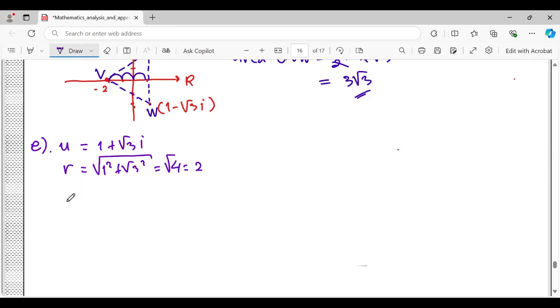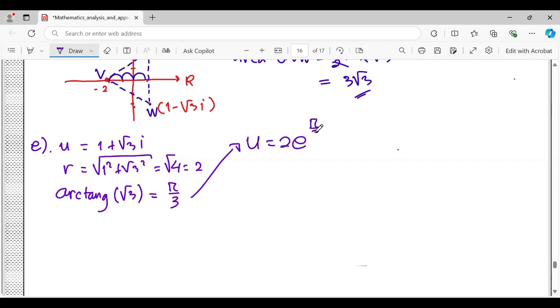So, and then theta is arctangent of square root 3 over 1, which is pi over 3. So u equals 2 e to the power pi over 3 i. Okay.